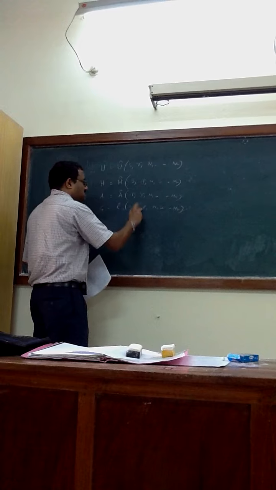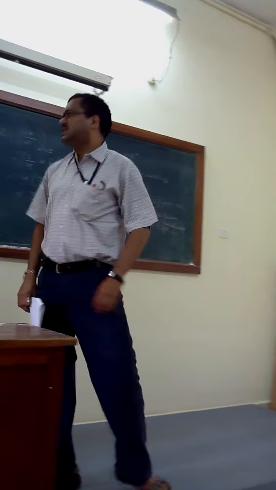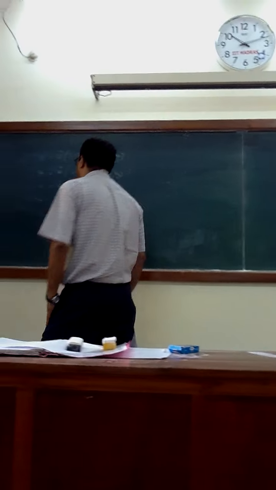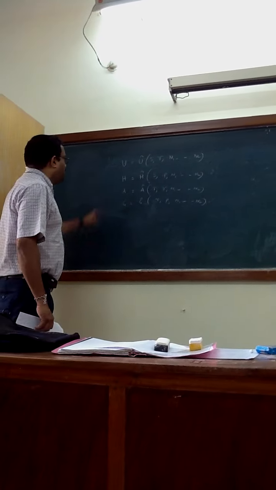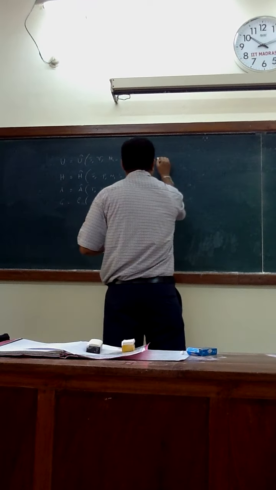This minus you can actually omit. This function of A minus X, you can also write as a function of X. And for this part, we have applied Euler's theorem.